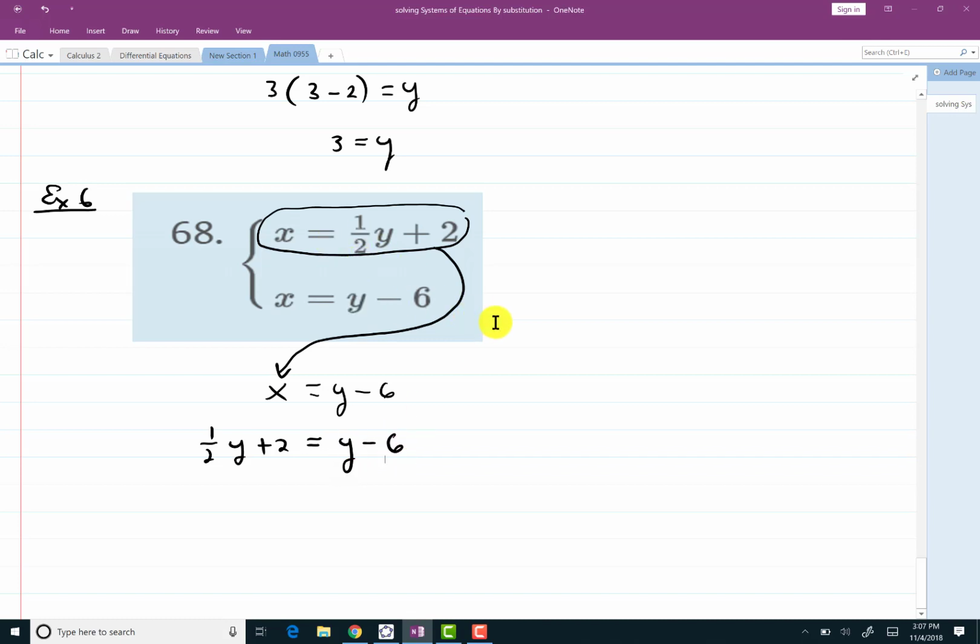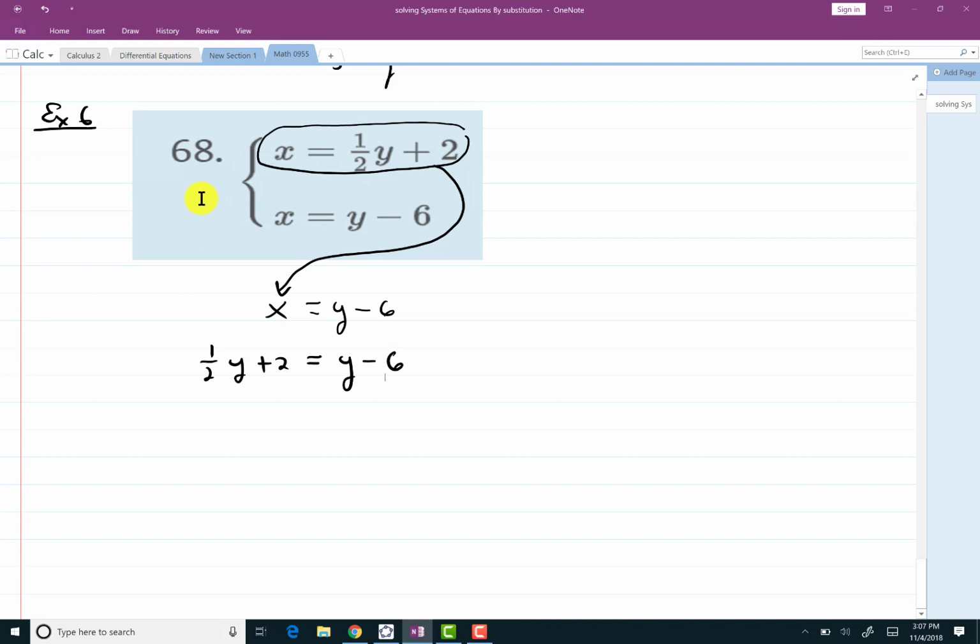So that was a super simple substitution. These you just basically set equal to each other and you're done. Well, not quite done, but in order to solve this, I will do as I normally do and multiply everything by 2 to eliminate the fraction. So I'll get y when I do that multiplication, and then when I do this one, I'll get plus 4 equals, then over here I'll get 2y, and then here, minus 12.